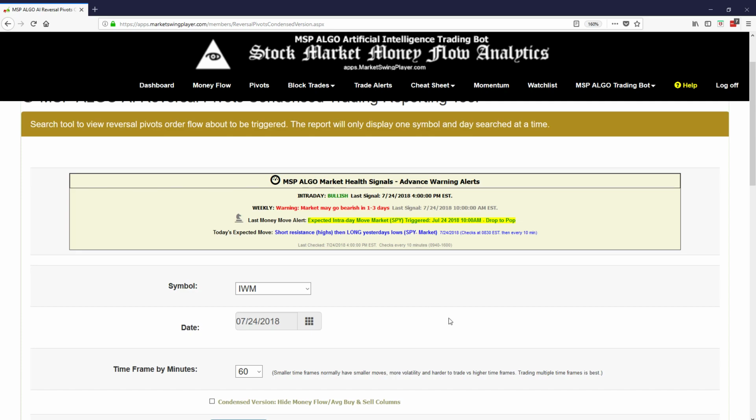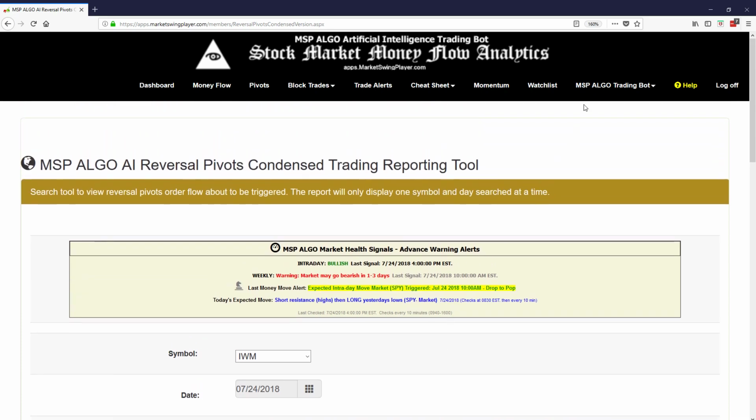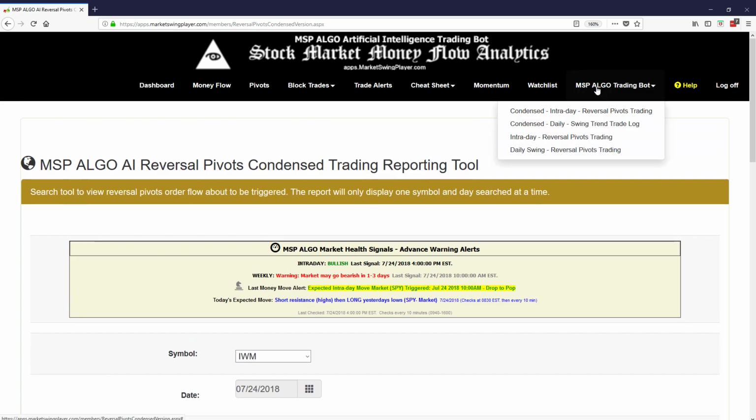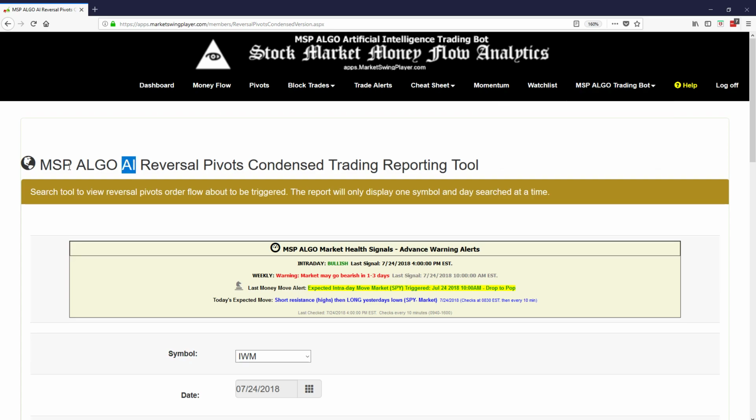Okay, so this is the actual algo that's doing the thinking processes. It is run using artificial intelligence. That's what AI means. MSP ALGO, artificial intelligence, reversal pivots, condensed trading reporting tool.